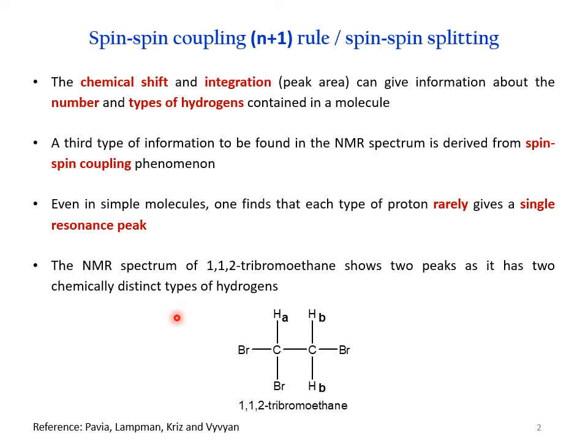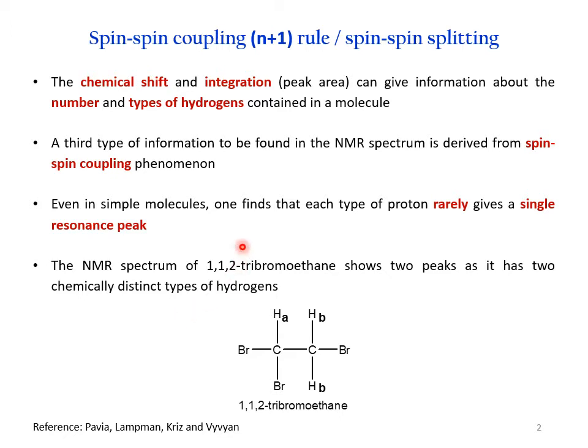One is that we can identify the number of different types of hydrogens present in an organic molecule. The second is that we can identify the number of each type of protons by the height of the signal, which is called integration. So till now we have learned two applications of proton NMR spectroscopy.